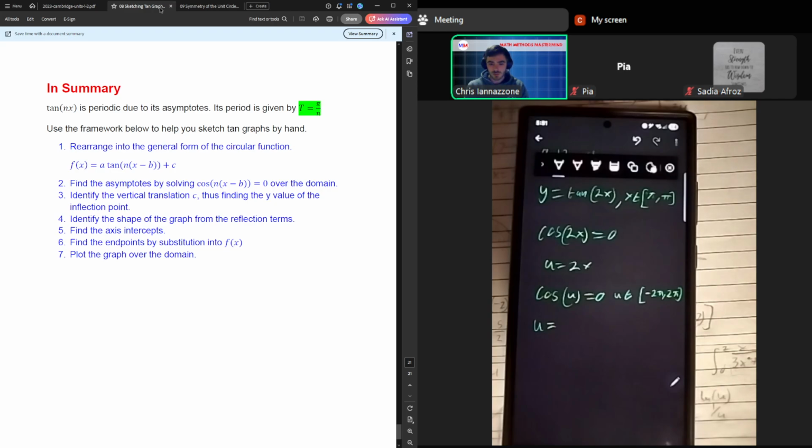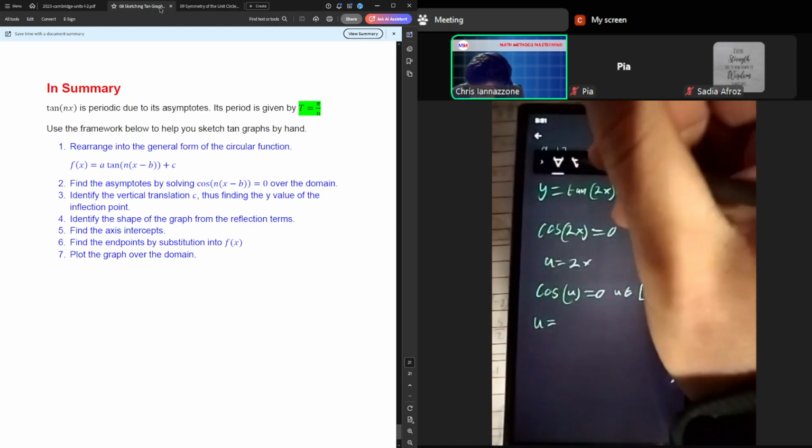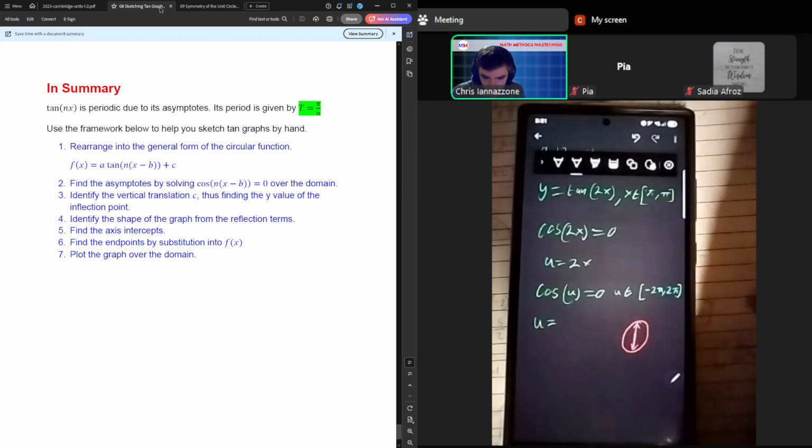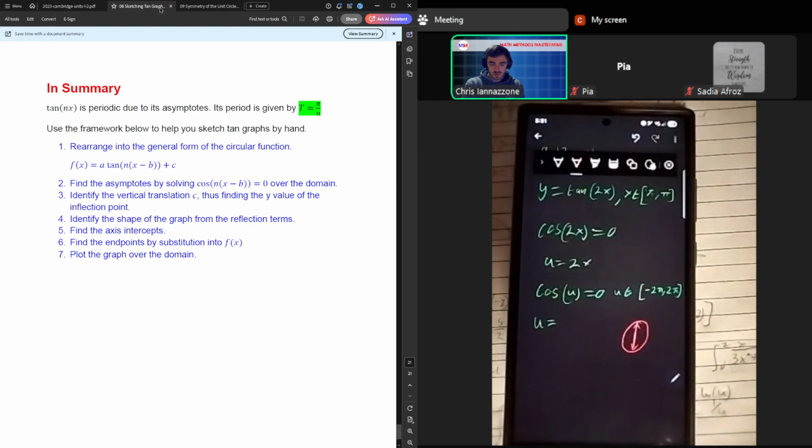This will be like the pi values. So it's just what does u have to be for cos equals 0? So like on the unit circle, what are these cos equals 0 here and here? What are those two spots?